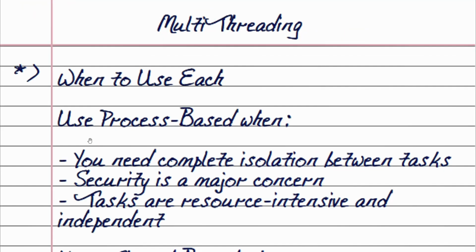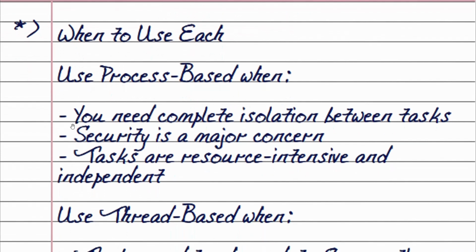Now let's see when we use thread-based multitasking and when we use process-based multitasking. Process-based multitasking is used when you need complete isolation between two tasks. If you need complete isolation and complete security between two tasks, then we use process-based multitasking. Next, when security is a major concern.